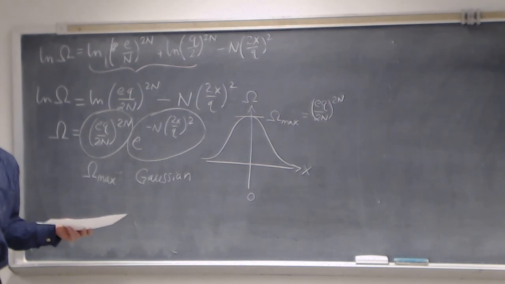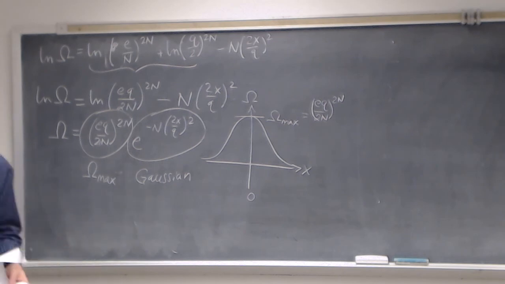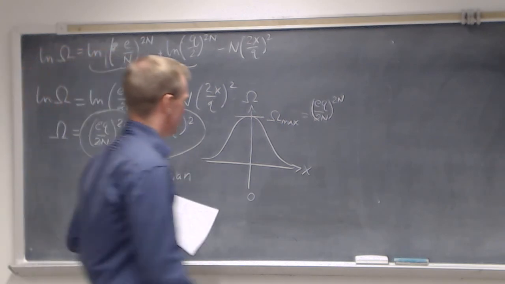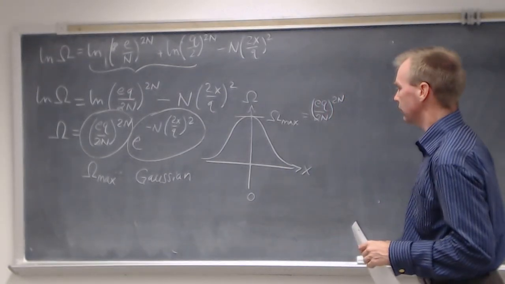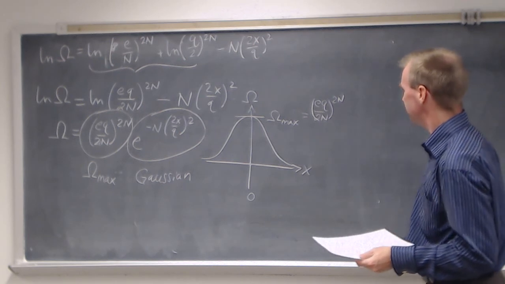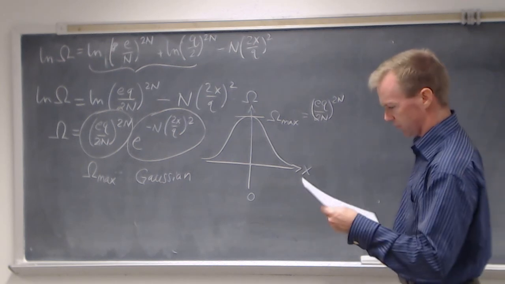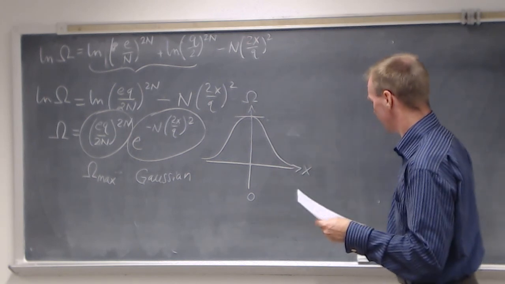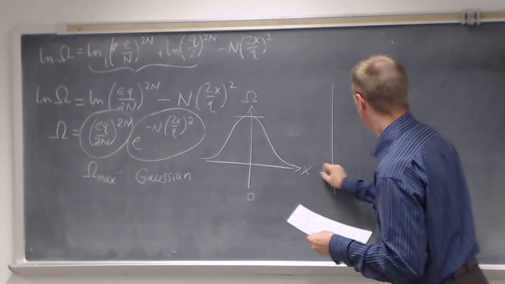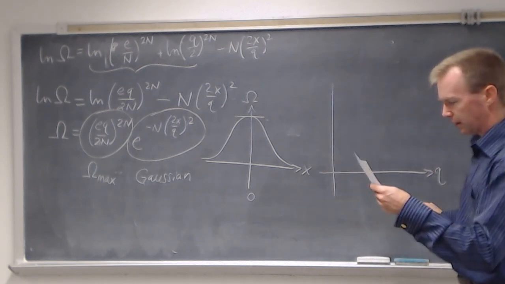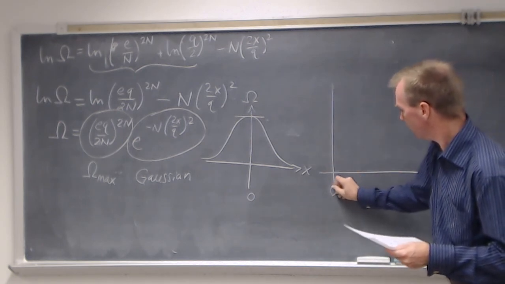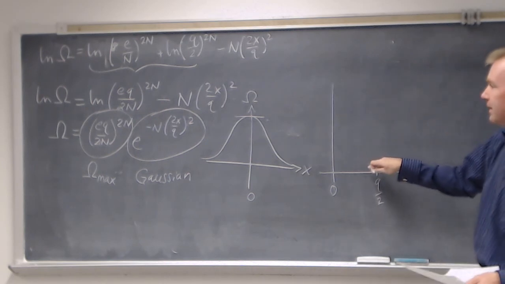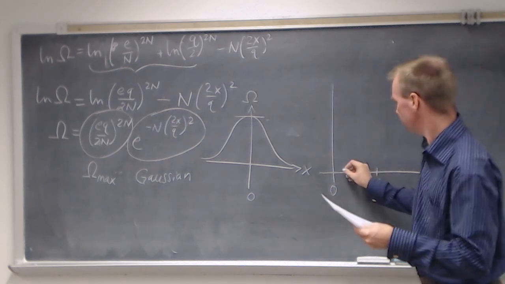But we're not interested in x. We don't measure x. What we've got is Q, the number of energy units. And if we put it in terms of Q, we get a Gaussian as well, but shifted. Where, as you can solve, the peak is at Q over 2, half the total.